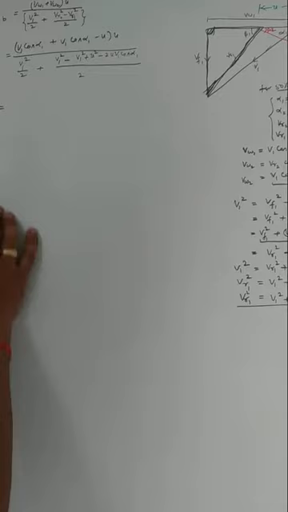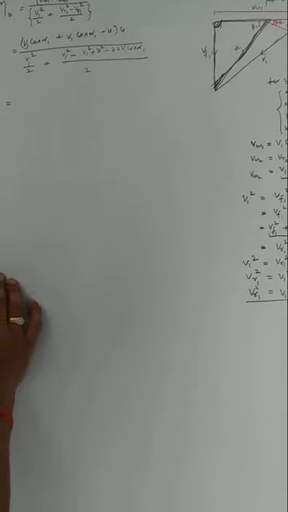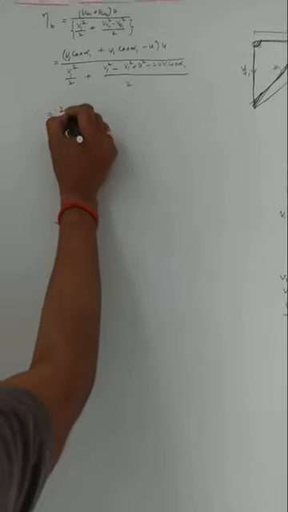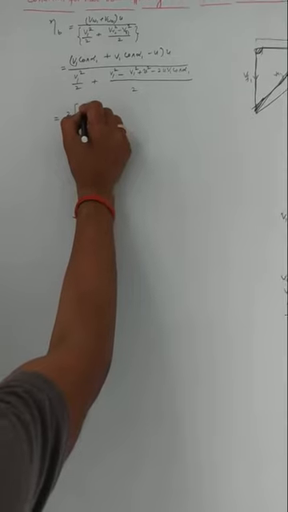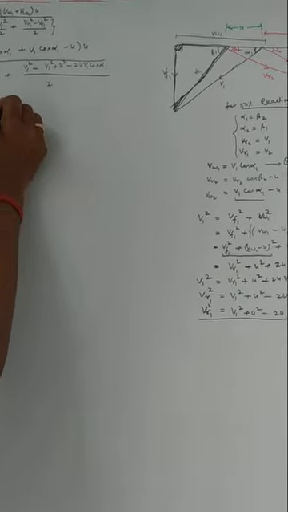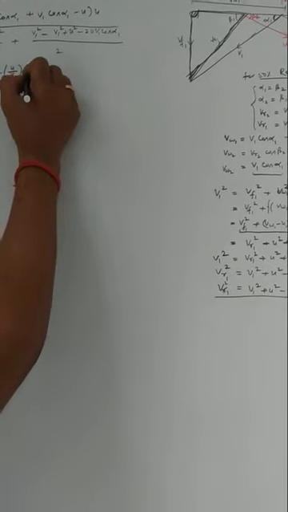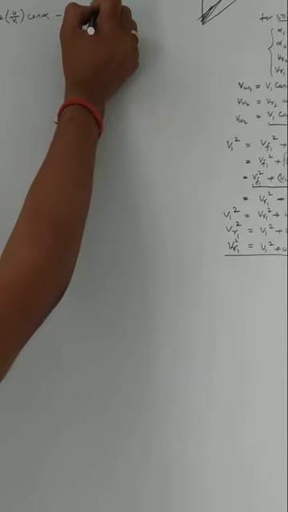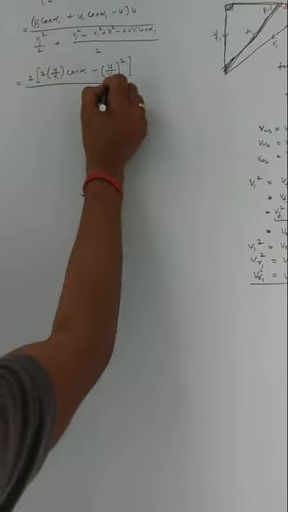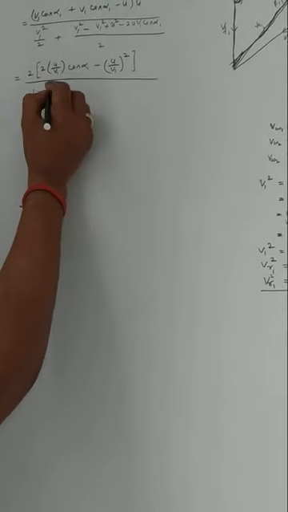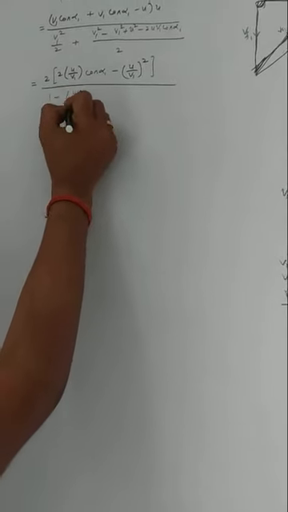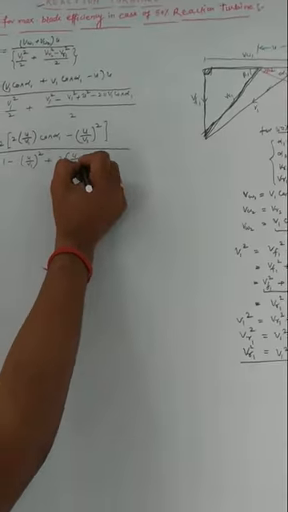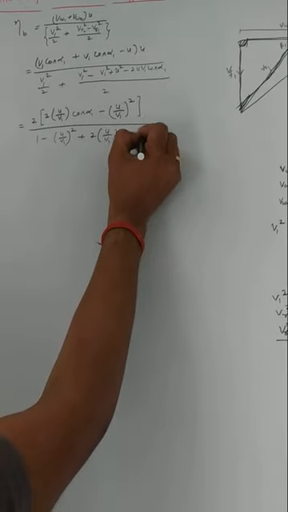To simplify this equation, we can write it in the form of U by V1. So we will get 2 times (U upon V1 cos alpha 1 minus U upon V1 square) divided by 1 minus (U upon V1 square) plus 2 times U upon V1 into cos alpha 1.